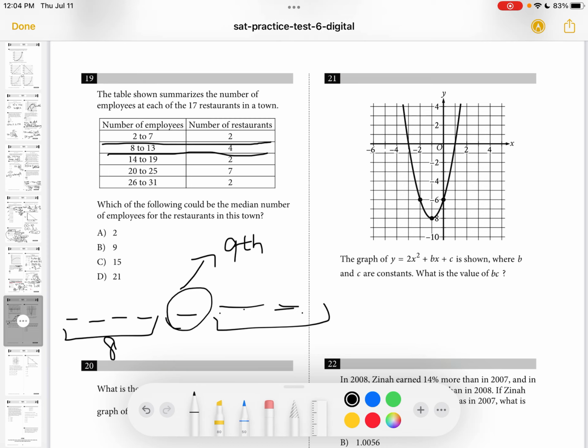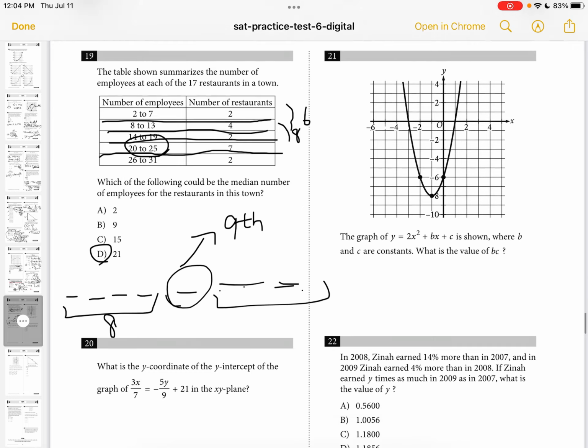The next 4 will be from this row. So we have 6 values so far. Then the next 2 values will be from this row. So we have 8 values. So the 9th value, when ordered, will be in this range, and the only value in this range here is D.